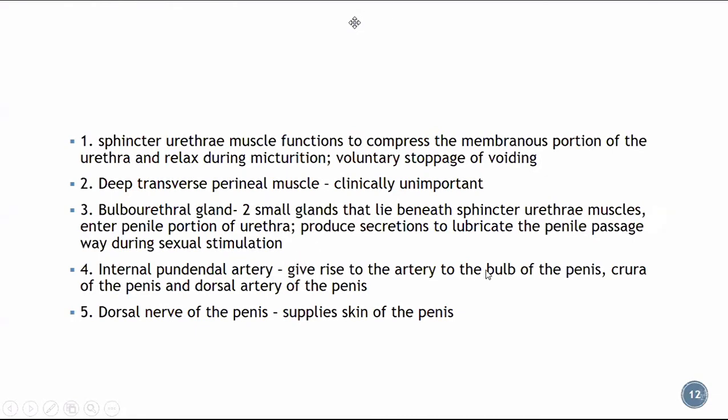It produces secretions to lubricate the penile passageway during sexual stimulation. We also have the internal pudendal arteries and the dorsal nerve of the penis. The internal pudendal arteries give rise to the arteries to the bulb, the crura, and the dorsal artery of the penis. The dorsal nerve supplies the skin of the penis. So these are the more important contents of the deep perineal pouch.